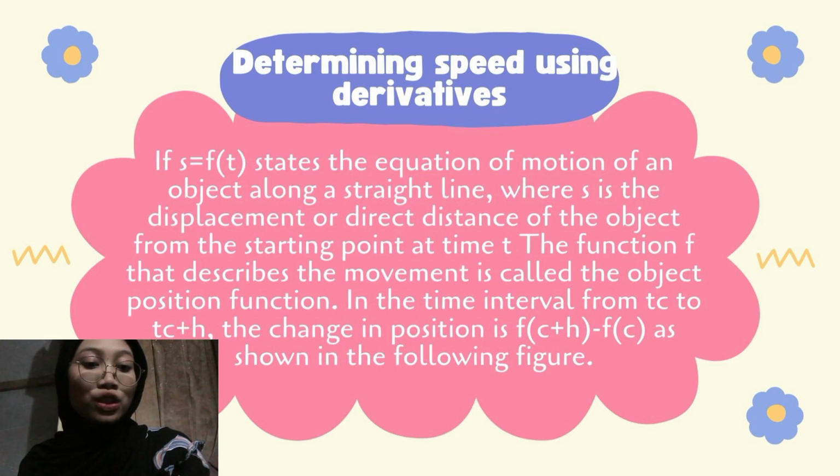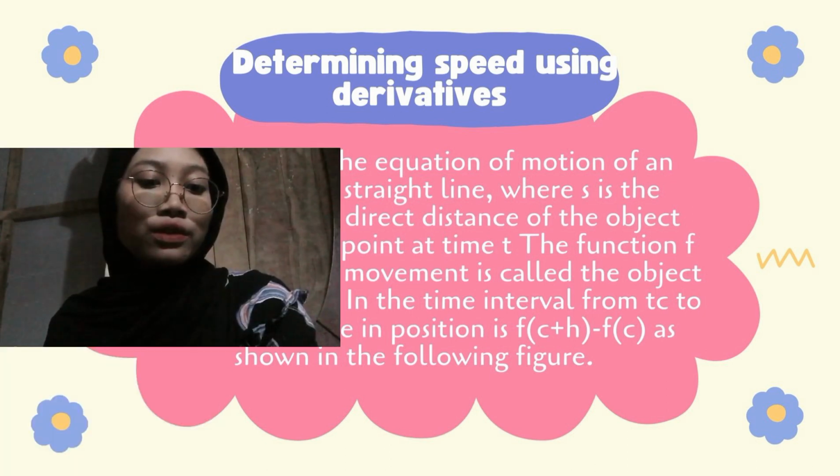The function f that describes the movement is called the object's position function. In the time interval from t equals c to t equals c plus h, the change in position is f(c plus h) minus f(c), as shown in the following figure.